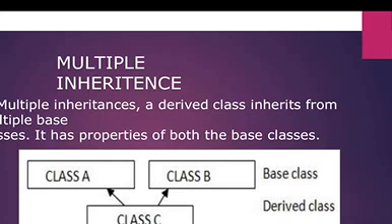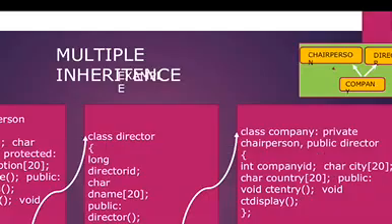A derived class does not inherit access to private data members. However, it does inherit a full parent object which contains any private members which that class declares. And this is the multiple inheritance.